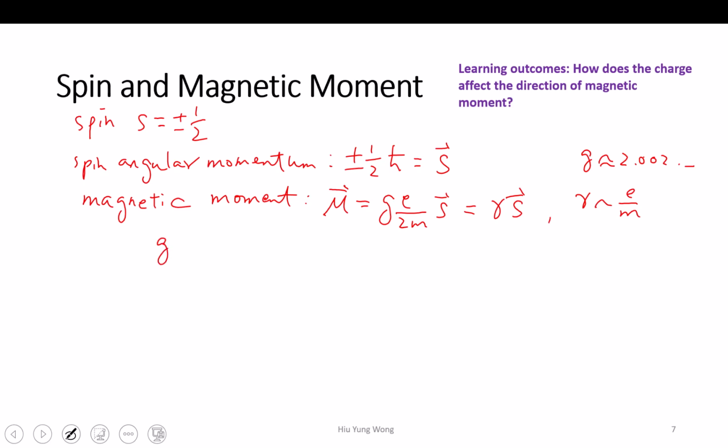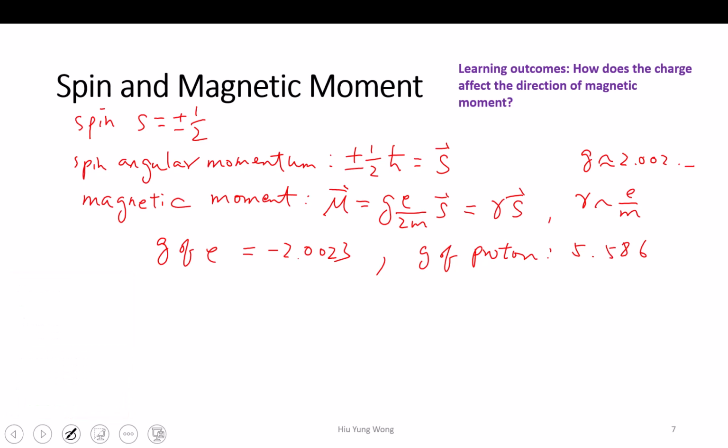The g of an electron, actually I have the number here, equals negative 2.0023. It is negative, right? And then the g of a proton is 5.586. This is positive.